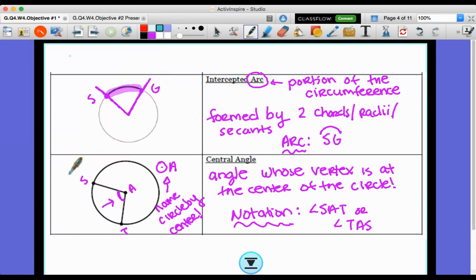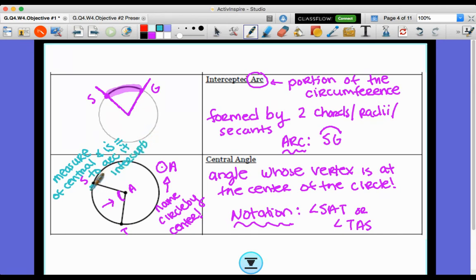I think I'm going to make a note in here that the measure of the central angle, and we're going to go into this more, but I kind of just want to talk about this now. Measure of central angle is equal to the arc it intercepts.